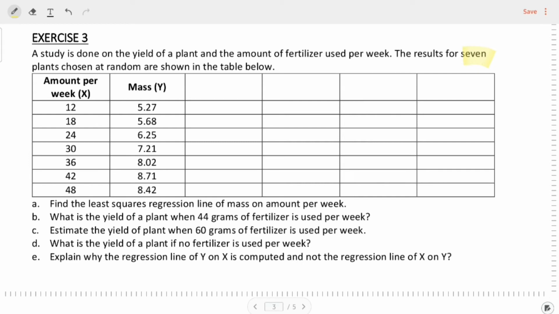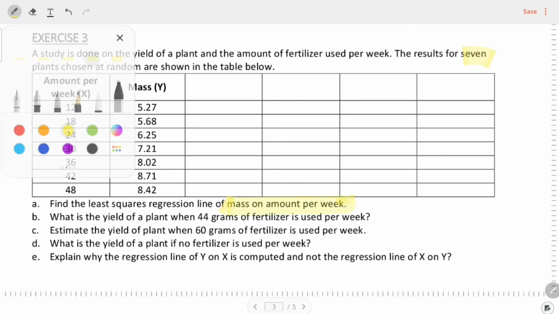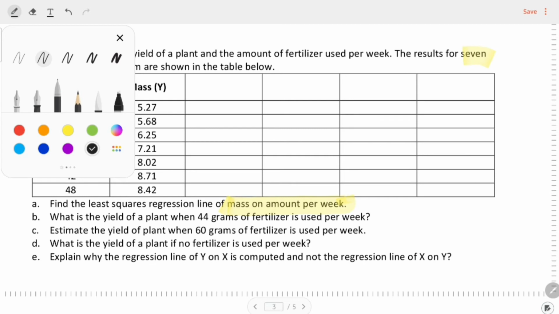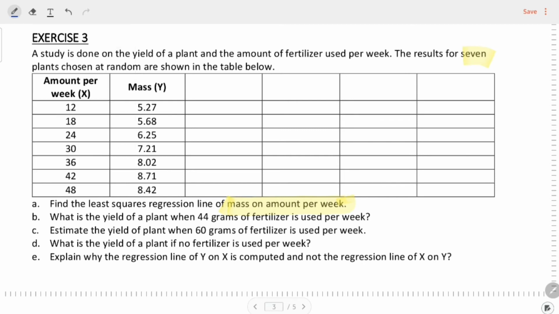Find the least square regression line of mass on amount per week. Your mass is y, and the amount per week is your x. That means the line of y on x, so you have to find y equals a plus bx.